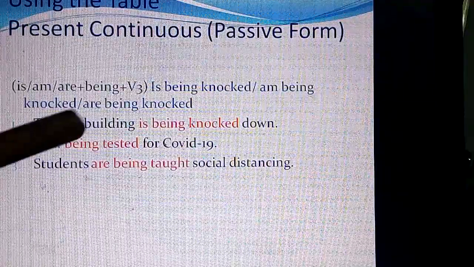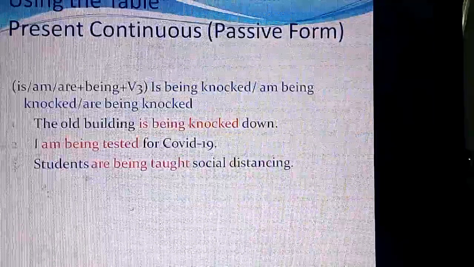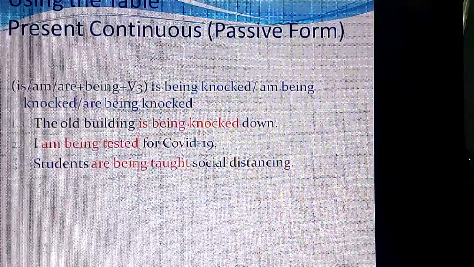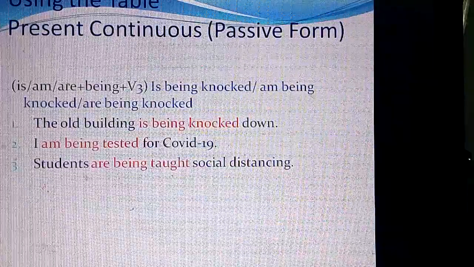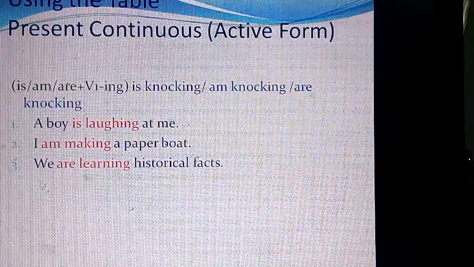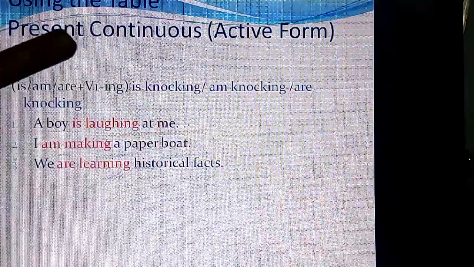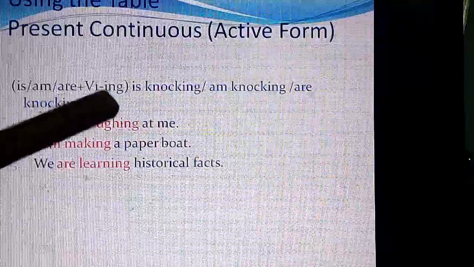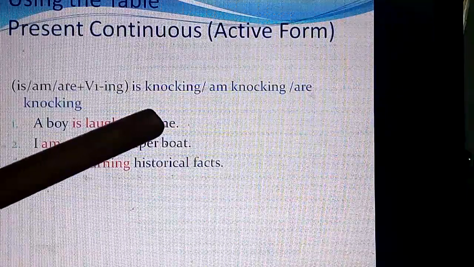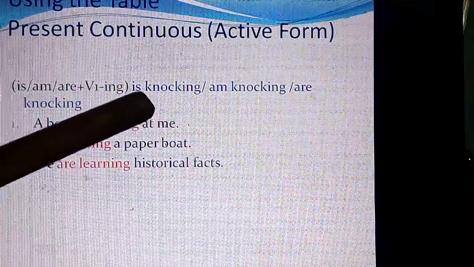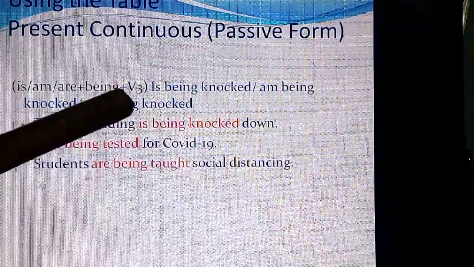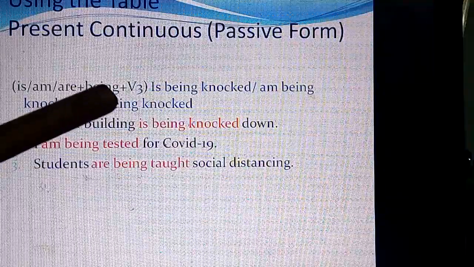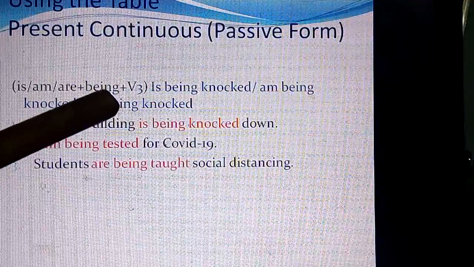Guys, you must understand one simple rule, that in both active and passive, we are using the original rule. For example, present continuous active form, here is/am/are plus V1 ing is there. Then when we are making passive form, then again is/am/are plus V1 ing was there in the active form.